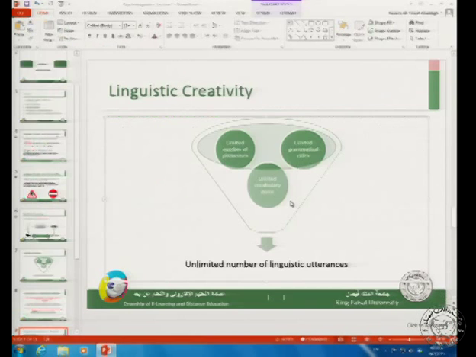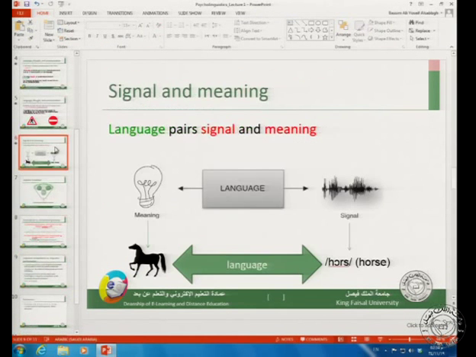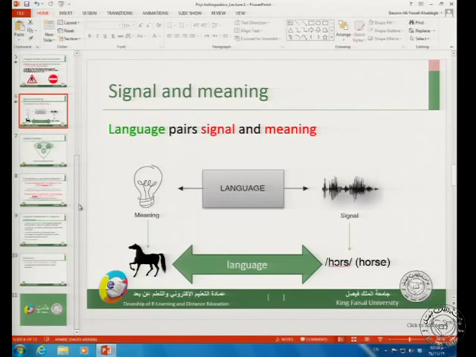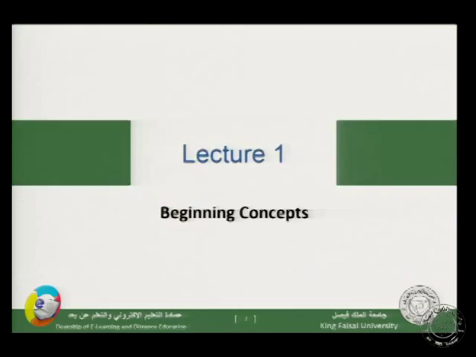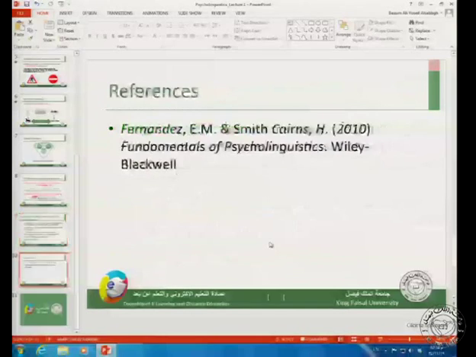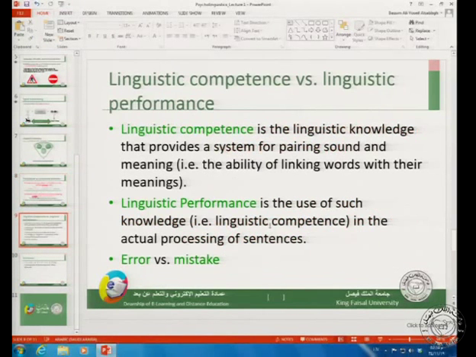If you can remember, we have here the sound, horse, and meaning. So linguistic competence provides you with a system for knowing how to link these two things, how to link sound and meaning.